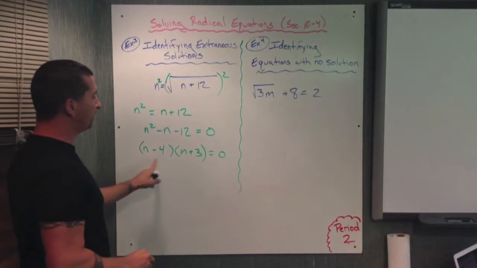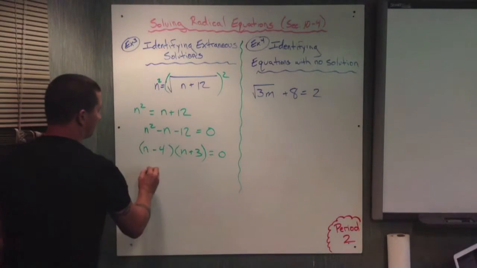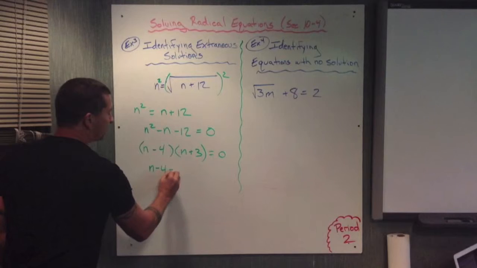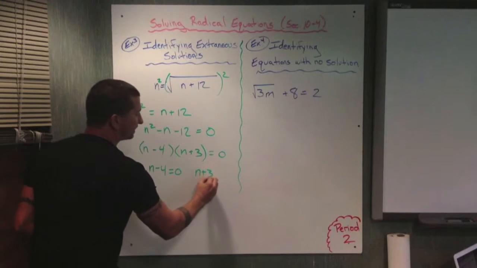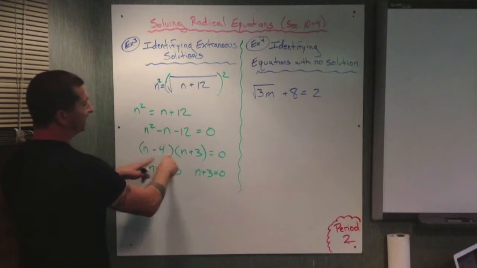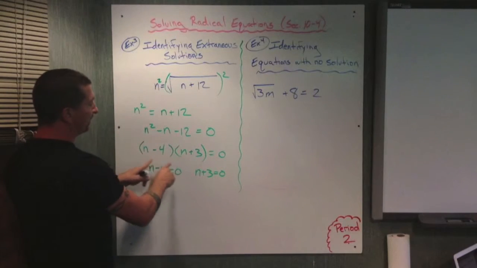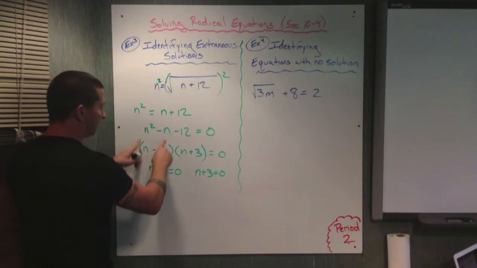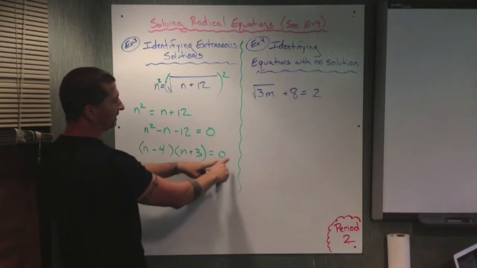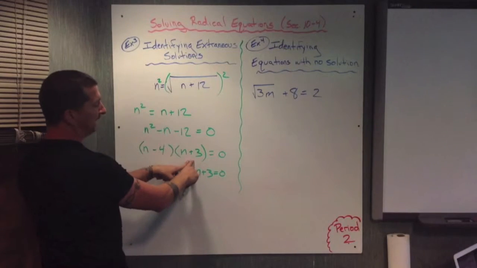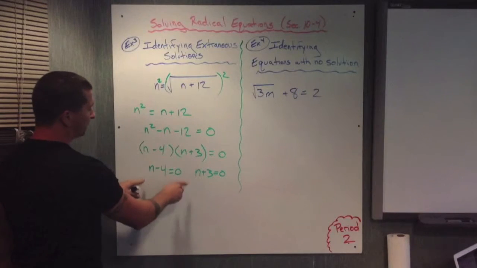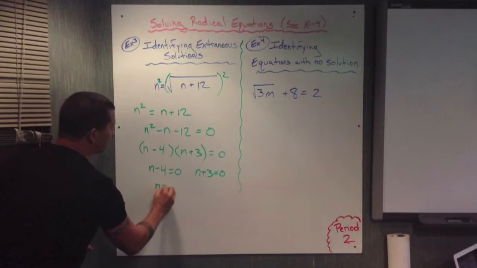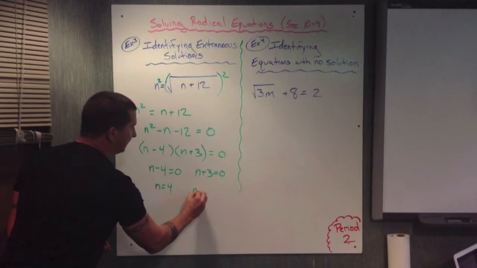Now, we set both of these factors equal to 0. We have n minus 4 equals 0, and n plus 3 equals 0. Because one of these two factors, if not both, has to equal 0, since this factor times this factor equals 0. So when we solve this out, we get n equals 4 and n equals -3.